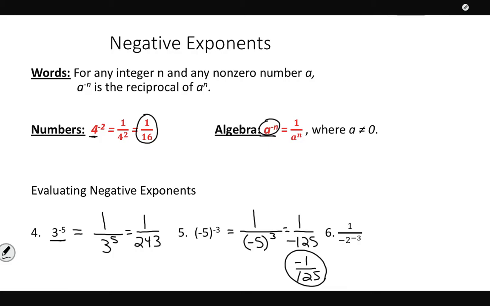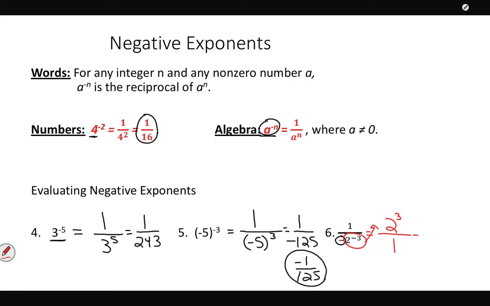And now this last one, number 6. Here, the negative is not part of the power. So I just know that my full answer will be negative because of that. But this part here, the 2 to the negative third, is below the fraction bar. So I must move it above the fraction bar to make that 2 to the positive third power. I can put a 1 in the denominator.